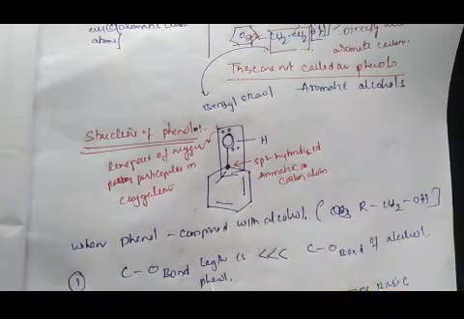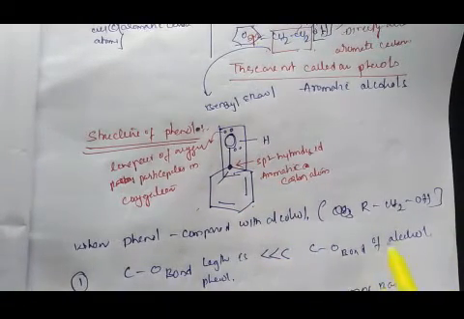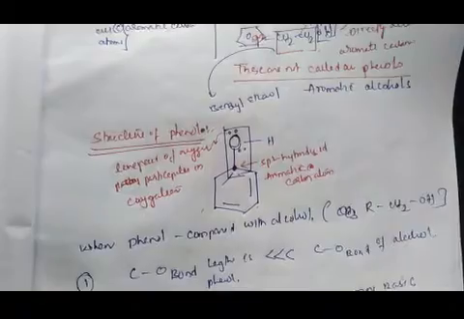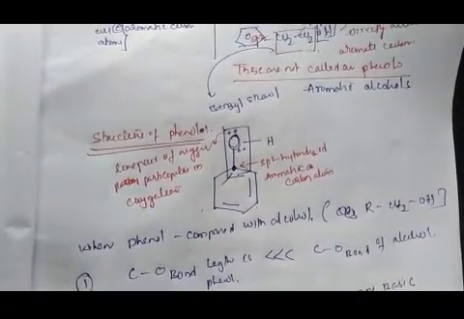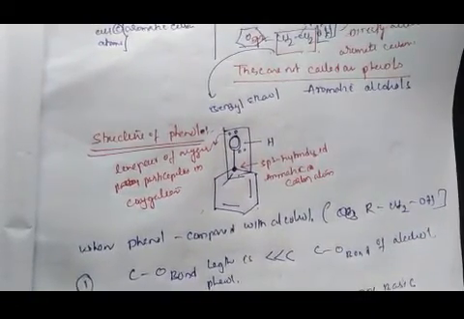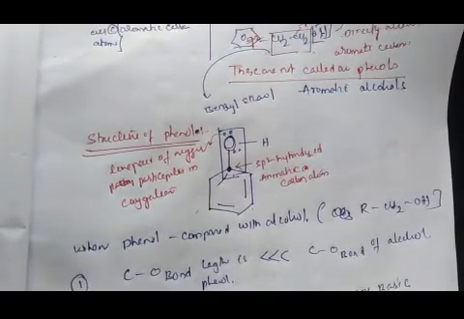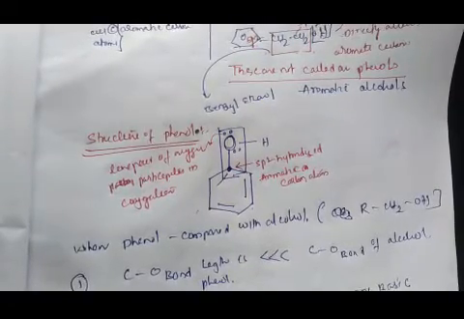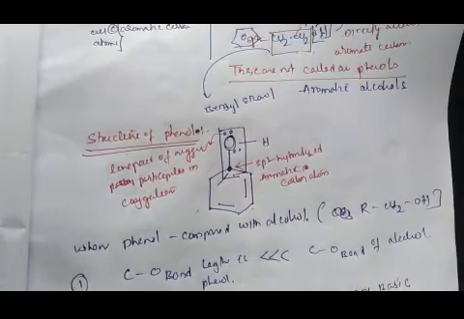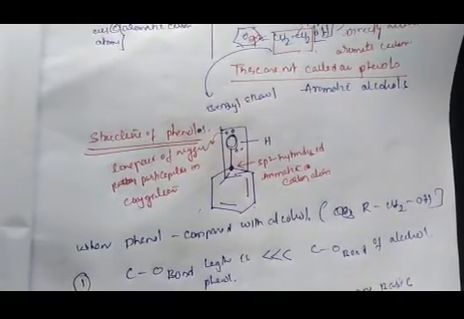When we compare phenol with alcohol, the CO bond length of phenol is much less than the CO bond length of alcohol. The hydroxy oxygen is more basic for the phenol over alcohols, and the proton of a phenol is more acidic than the alcohol.